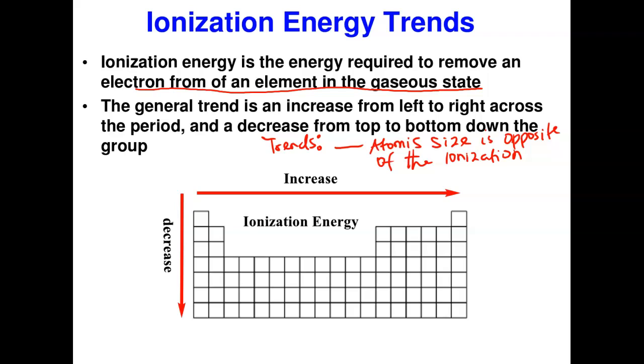Why? That makes sense. Remember when I talked about atomic size, as you're going from left to right, more protons are being added and more electrons are being added to the same shell. What is happening? The more protons you add, the more the attraction between the nucleus and the electron cloud.